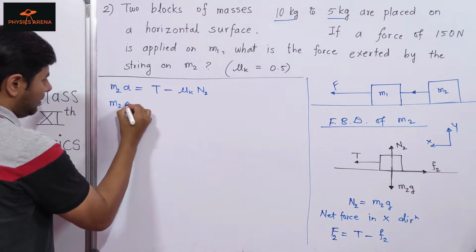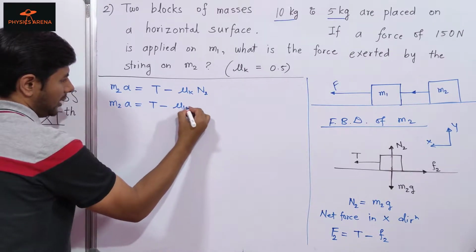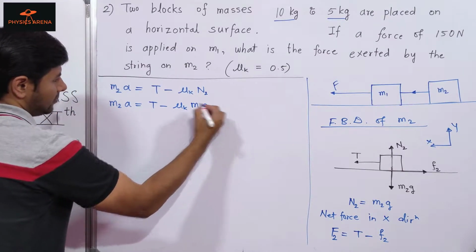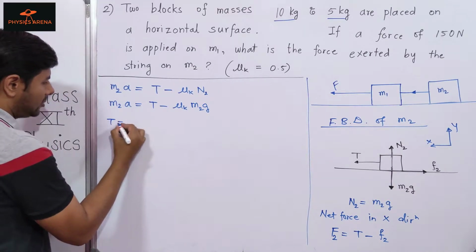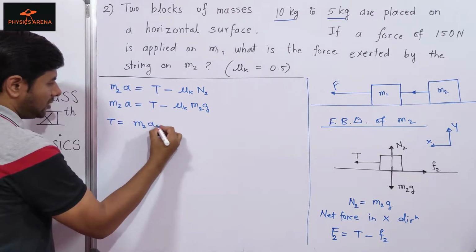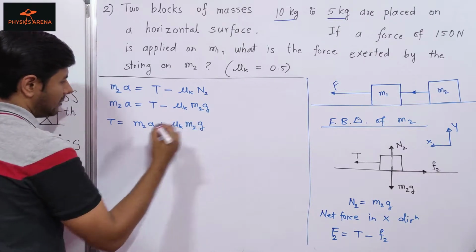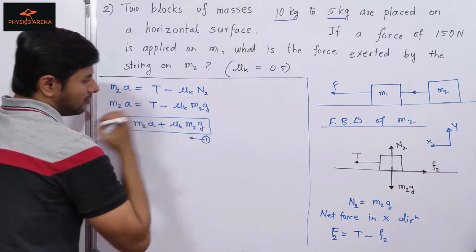So we get m2 times A is equal to T minus mu k multiplied by m2 times g. And if we take this on the other side, we get the tension. So tension is m2 times A plus mu k multiplied by m2 times g. So now I will call this my equation 1.